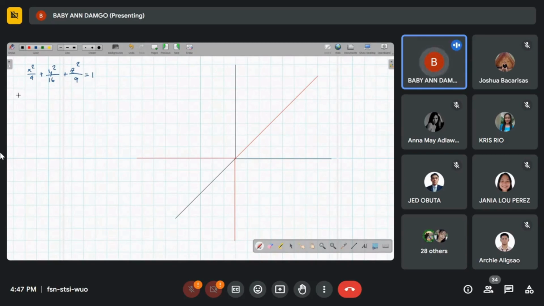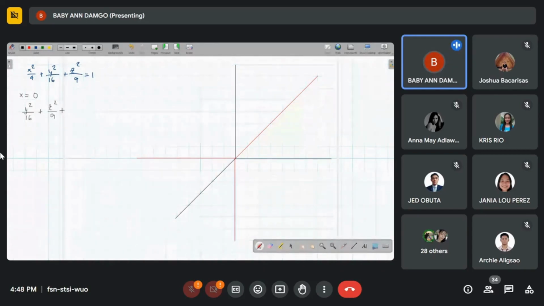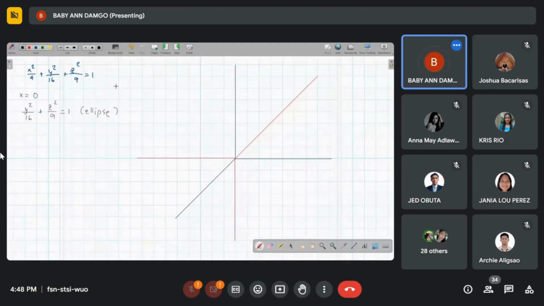First, x is equal to 0. So when x is 0, we have y squared over 16 plus z squared over 9 is equal to 1, which is of the form of the ellipse.